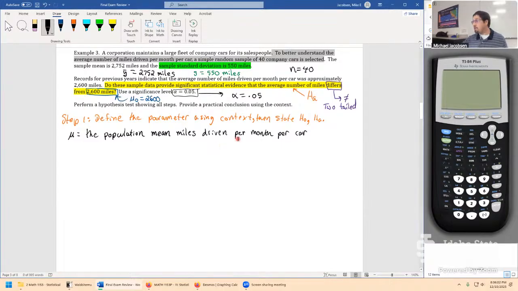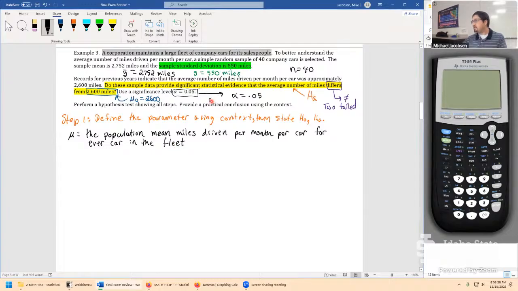So that looks like the data along with the unit, but we have to mention the population as well. This is for all cars in the corporate fleet. So we can say for every car in, instead of saying the corporation has a large fleet of company cars, I'll just say for every car in the fleet, letting the rest of the context tell us we mean the fleet of corporate cars when we say that.